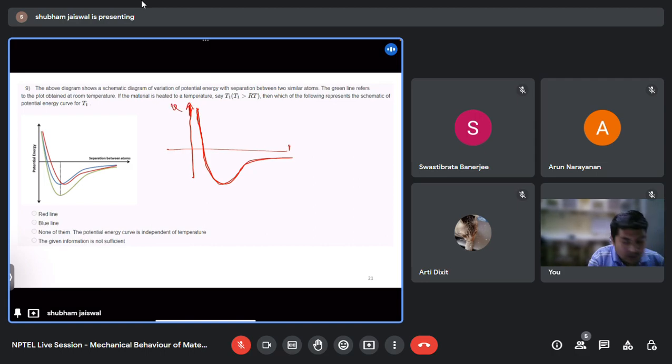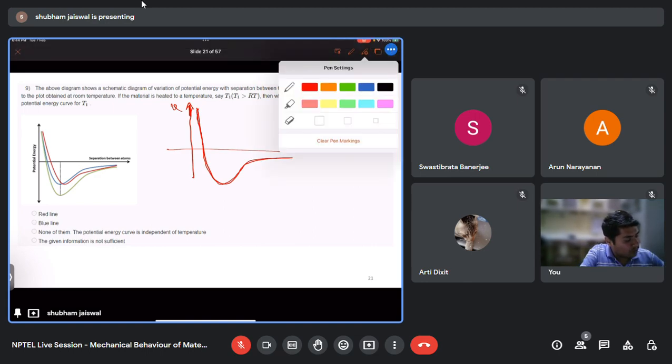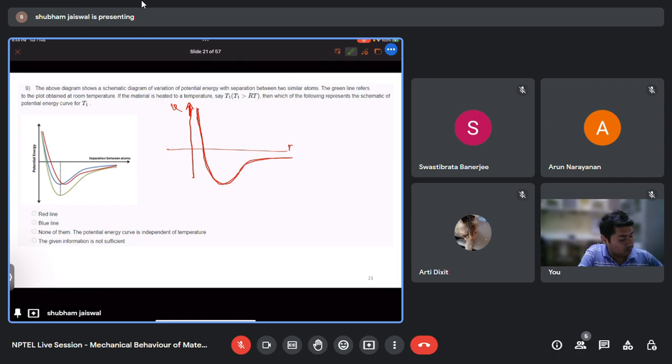Here, at equilibrium we have a distance of r naught.